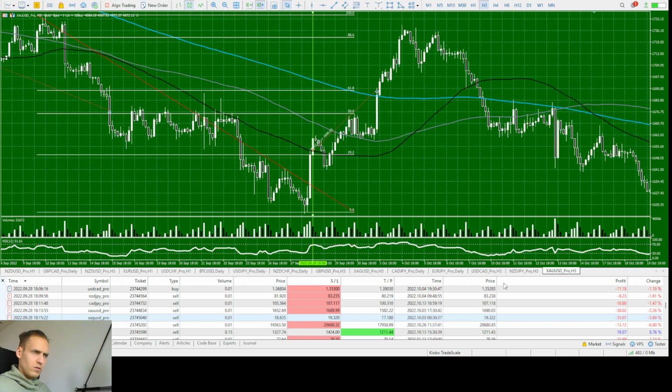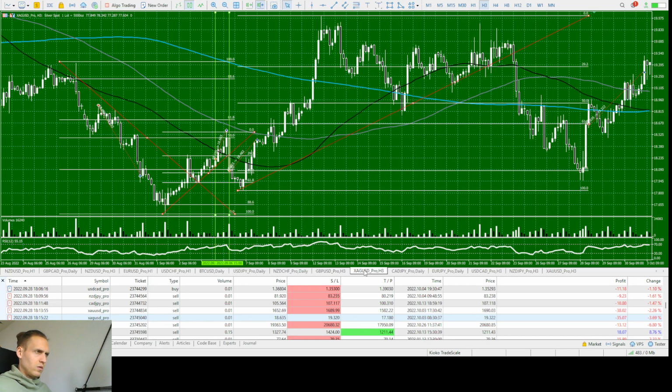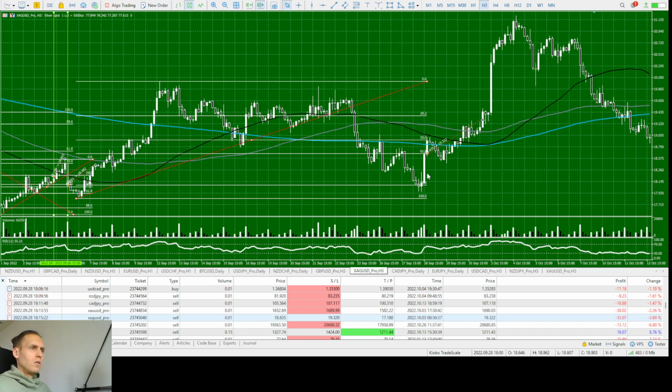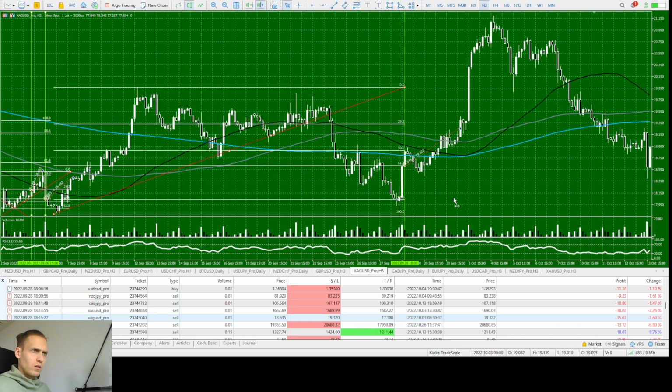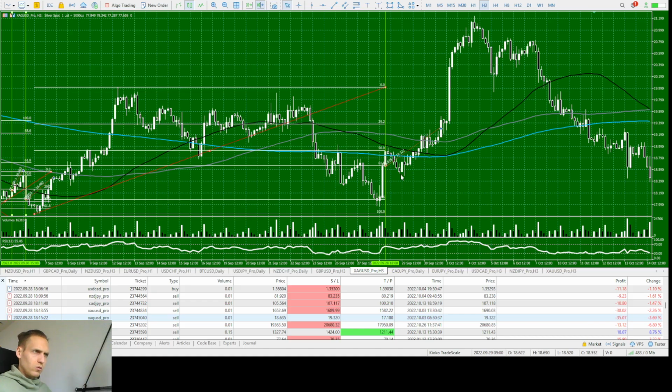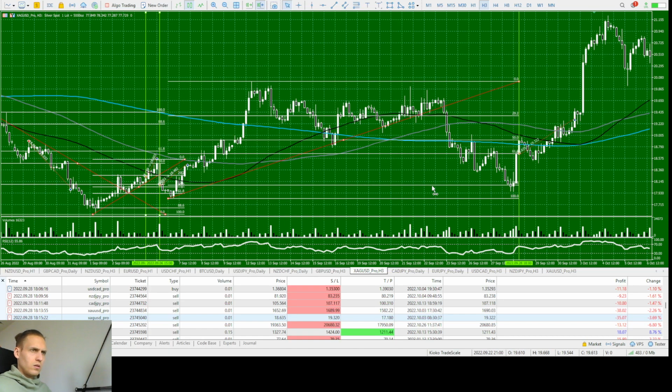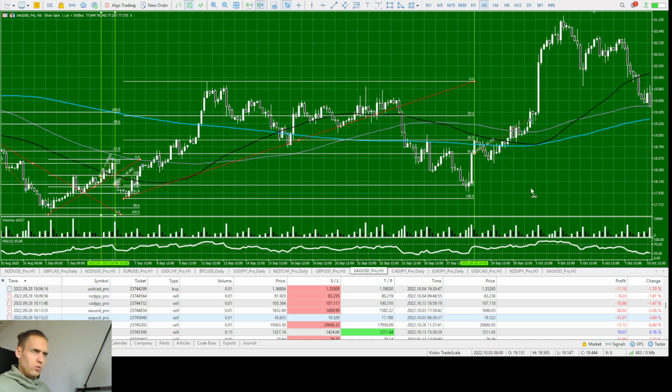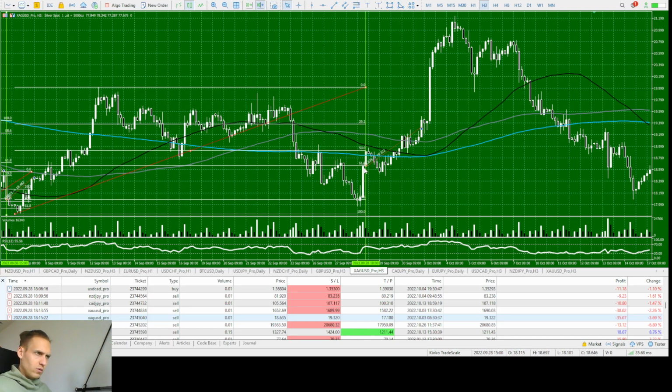Silver. Silver has to be there. 22,928. I was trying to short it again. Wasn't paying attention to the market structure. And also, similarly to gold, the move was powerful. The recovery move was powerful.